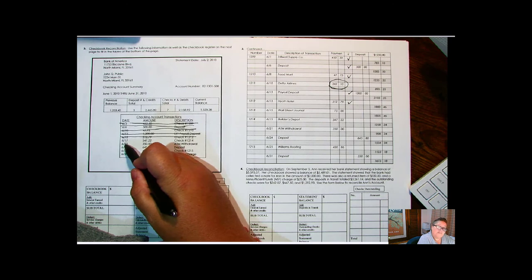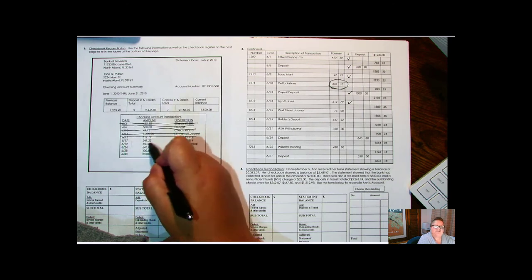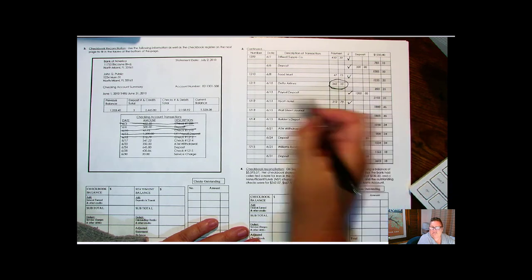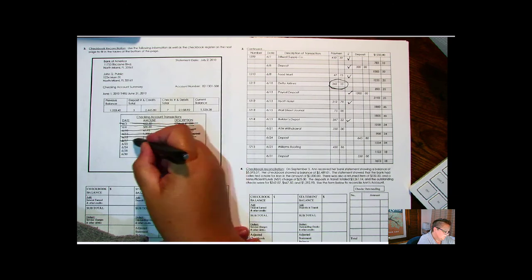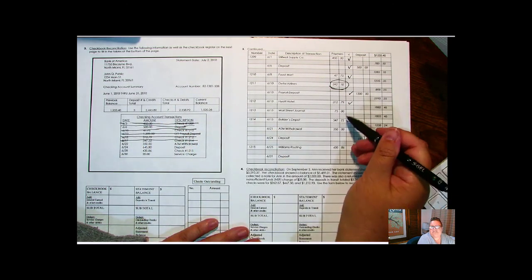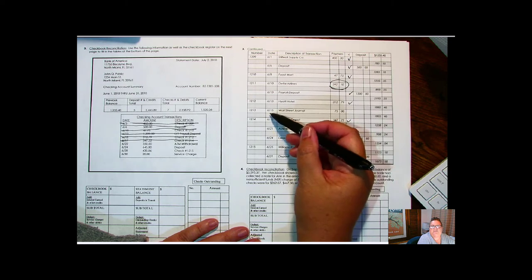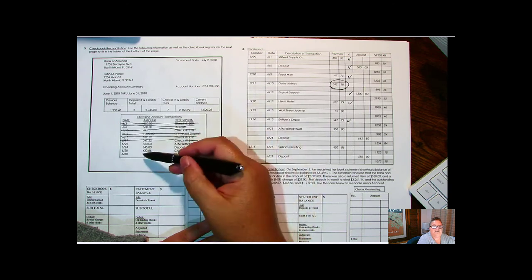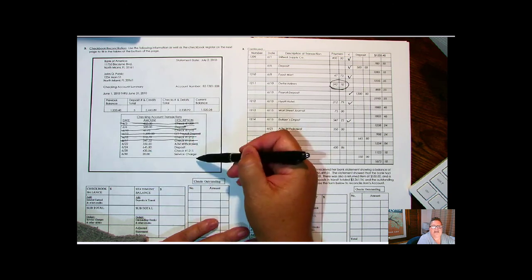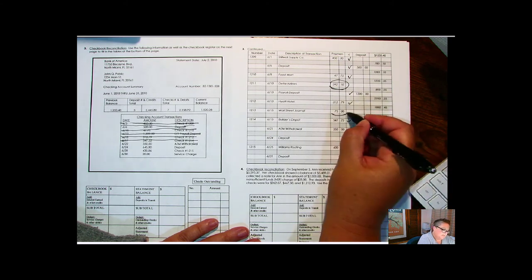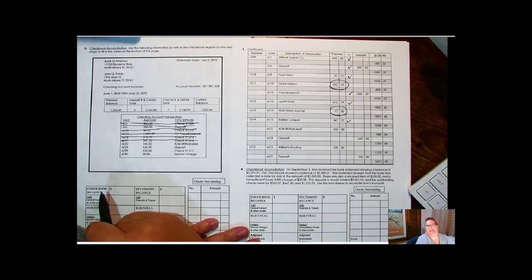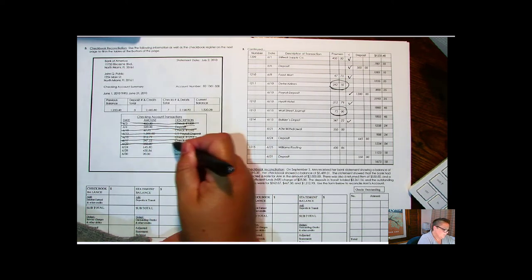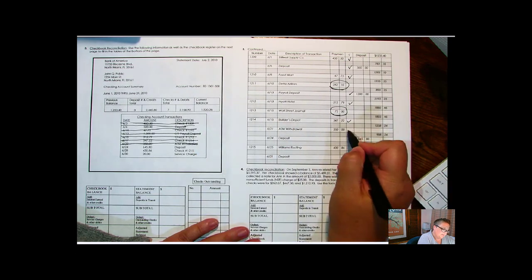Then I have 6/17 and $547.22 in check 1214. 547.22, check 1214. And do you notice again that we skipped one? We skipped check 1213 for $75. I notice in my remaining information, I don't have $75, nor do I have check 1213. So this is another piece of information that I will need to highlight. All right, I have an ATM withdrawal of $350. That is the same ATM withdrawal that is here.